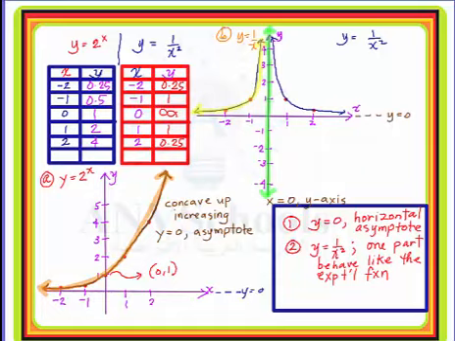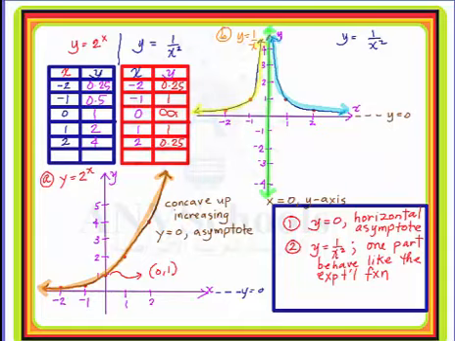So in this case, we have two graphs. Okay, we have two pair of graphs, and the other one is concave up, but it's decreasing. So here it's increasing.